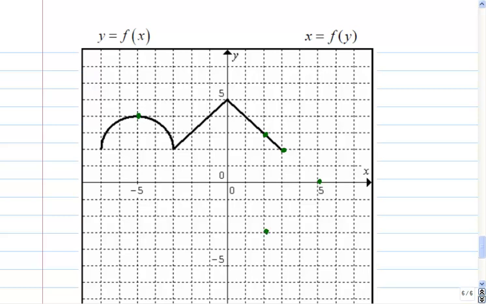I also use this point here just to give me some extra stuff. So that's -5 and 4, so it's going to go over to 4, -5. And then the final one I used here was at -7 and 2, so it's going to go to 2, -7. And if it's going to be a reflection, it's going to have to look like that.